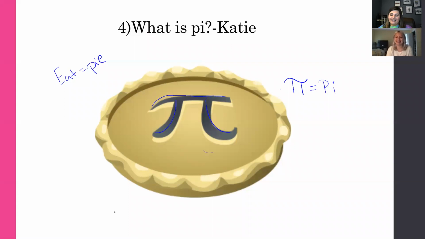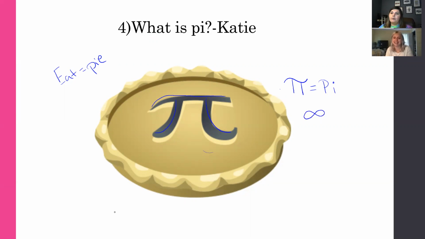So the Greek letter for pi is that symbol there, and it stands for a number that never ends. I don't have that full number memorized. I don't think that anybody does, but it could literally go on for infinity, and the infinity symbol is like a sideways 8.